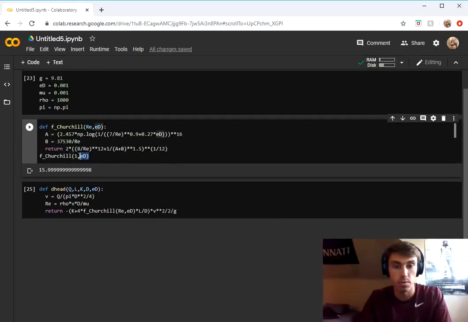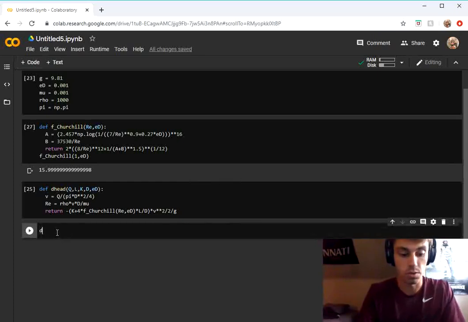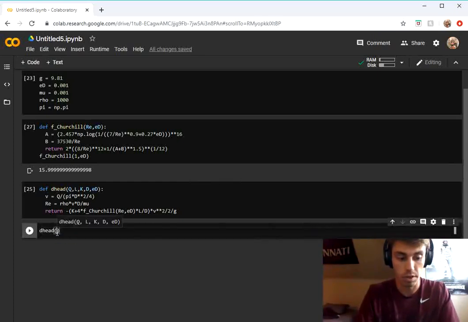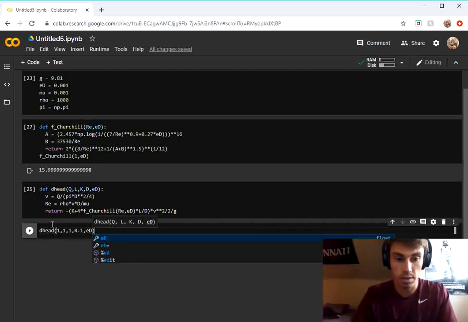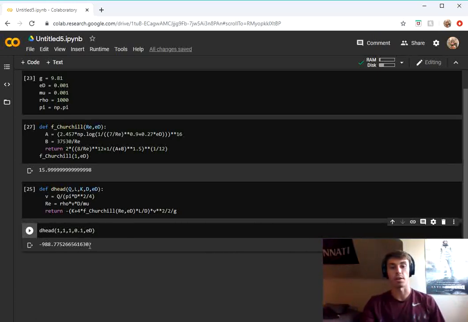So from there, we can now test this. So do d head, we're going to say 1 flow rate, 1 for the length, 1 for the K value, 0.1 for the diameter, and we already know the E over D value. So here we get change in head of almost -1,000.